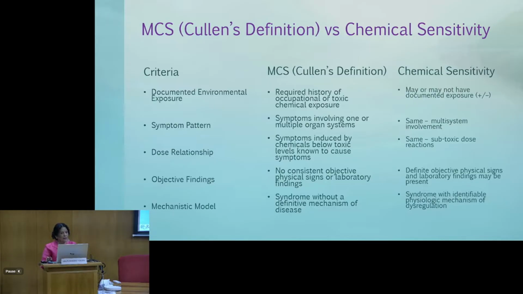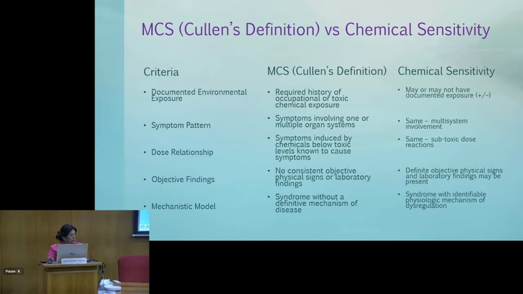Then the symptoms can involve one or multiple organ systems, and these symptoms are induced by chemicals below the toxic levels. However, according to his definition, there are no objective findings, and there are no mechanisms that describe the origination of the disease.